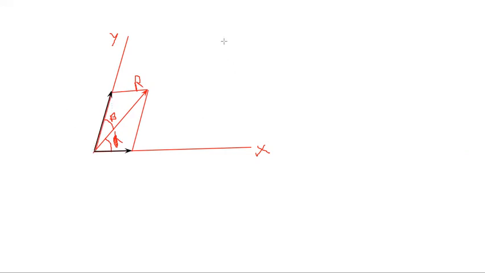Let us name it. Let this be A, let this be B, let this be O, and let this be C. So we name these vectors. Let this be P vector and let this be Q vector. So we have resolved this R vector into P vector and Q vector along two arbitrary directions, right?